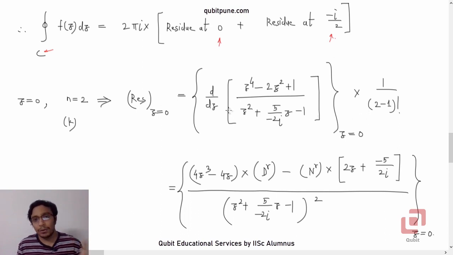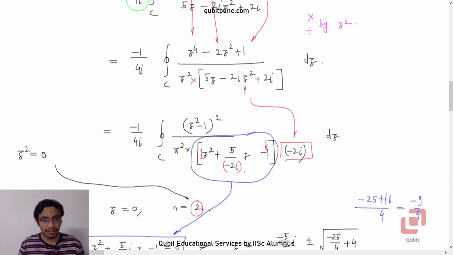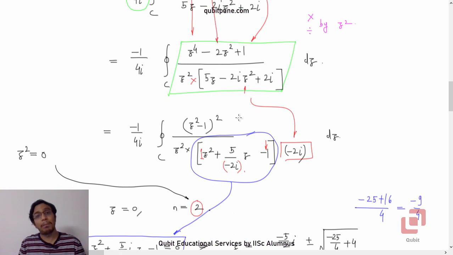So what I'll now do is go to the function, this one, and multiply it by z minus z naught to the power k, which is the term z squared. So z squared will now go.